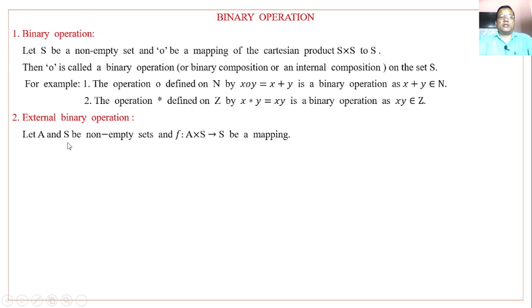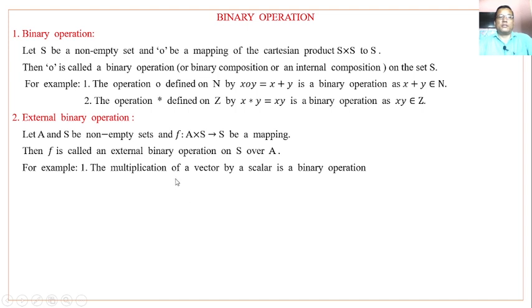A and S are any two non-empty sets, and F is a mapping from the Cartesian product A × S to S. When the operation F is applied to an element of A and an element of S, the result always lies in S. Then the operation F is called an external binary operation on S over A.